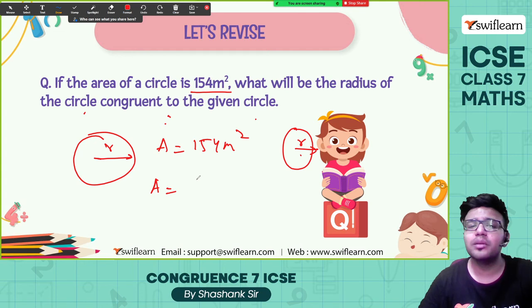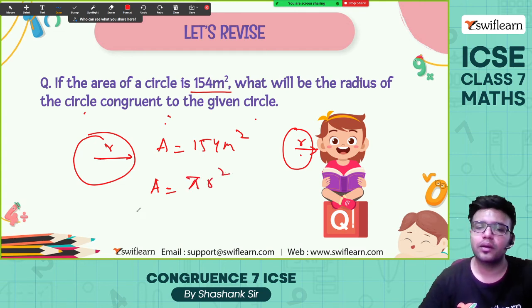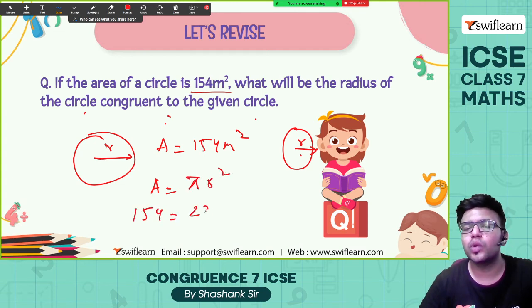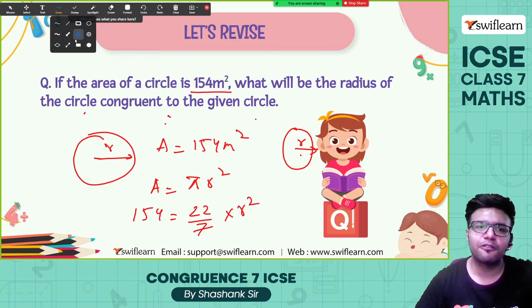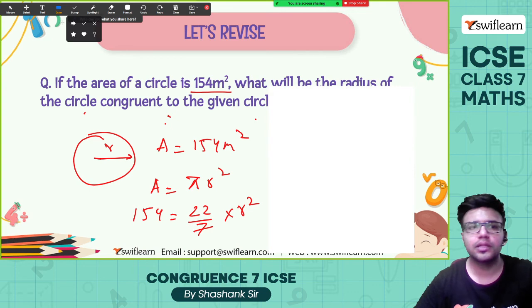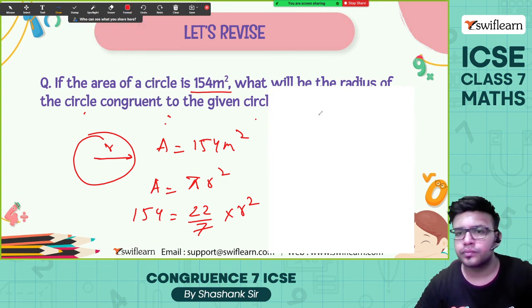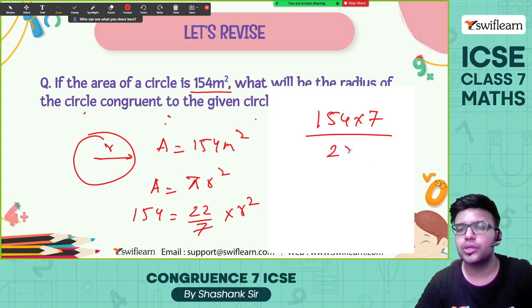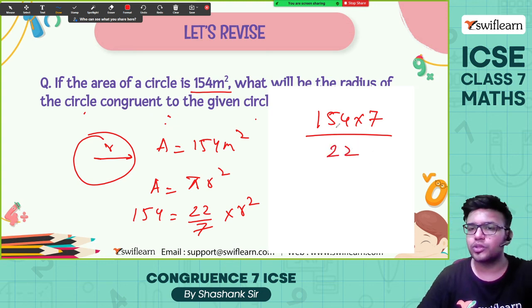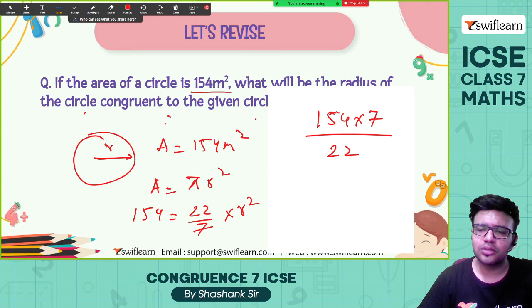Area is given by pi r square. So 154 is equal to 22 by 7 into r square. Find r. That is 154 into 7 by 22. Now, since I'm a Vedic math teacher, I know this is divisible by 11.